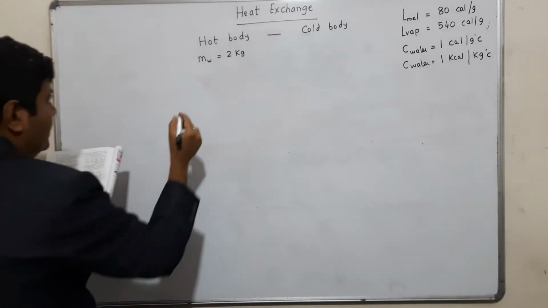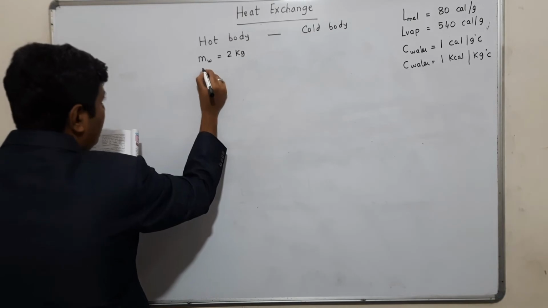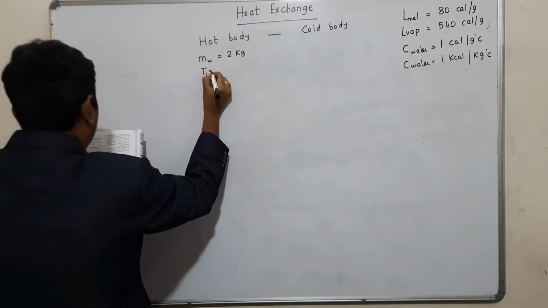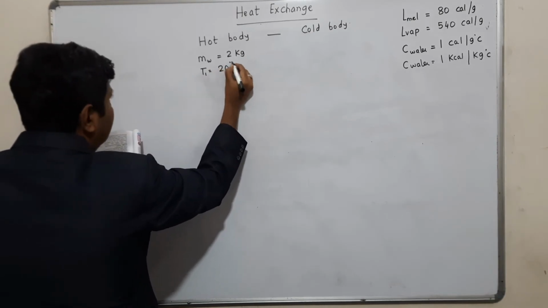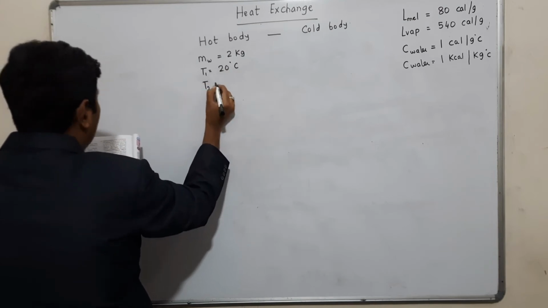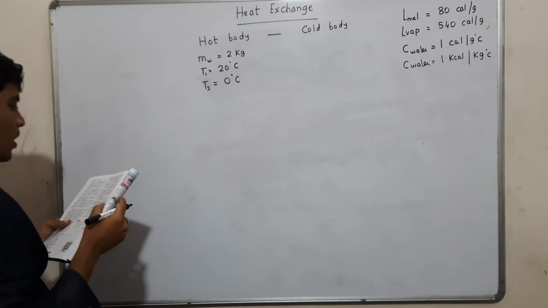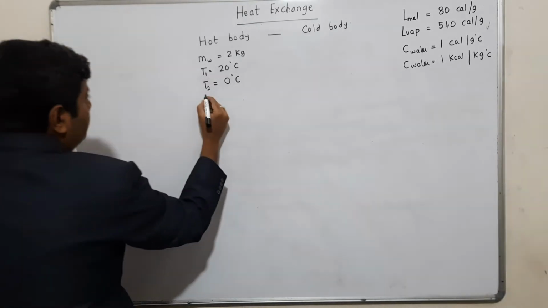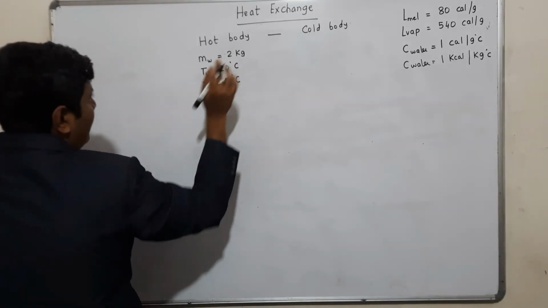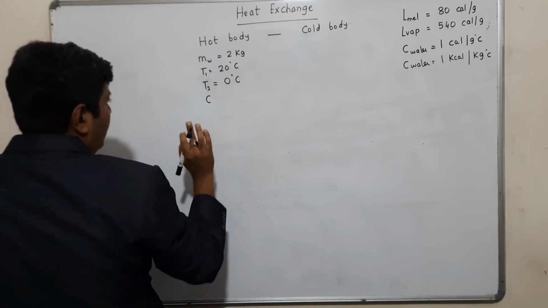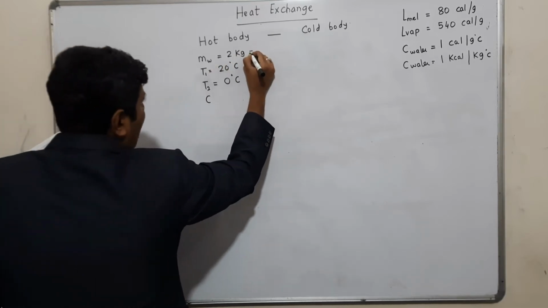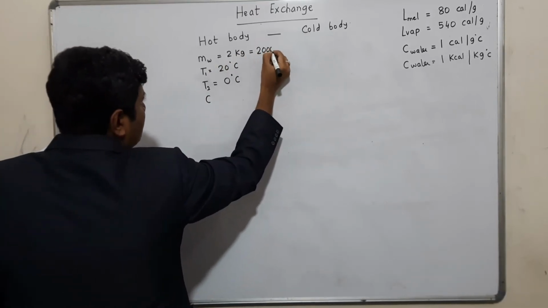at 0 degrees Celsius. So for this water, your T1 is equal to 20 degrees Celsius, T2 is equal to 0 degrees Celsius. I know specific heat capacity of water, the mass in kg is given over here. Either I will convert this kg into grams. So this is equal to 2000 grams.